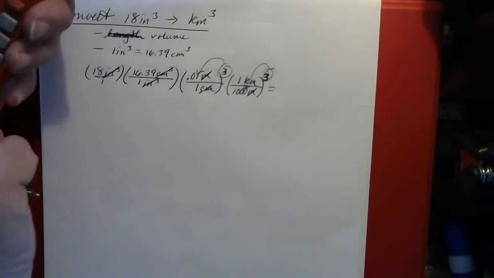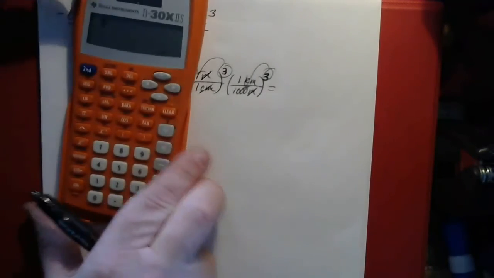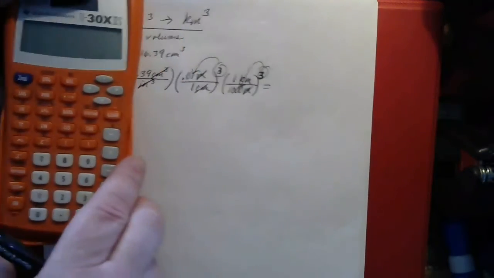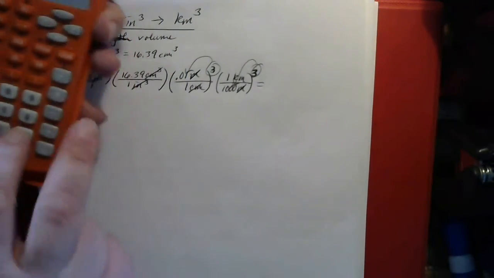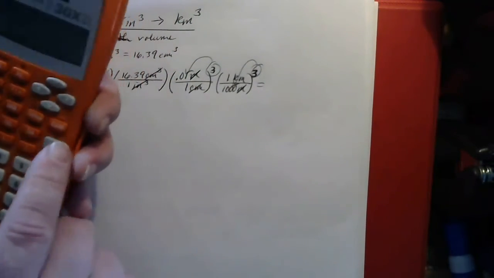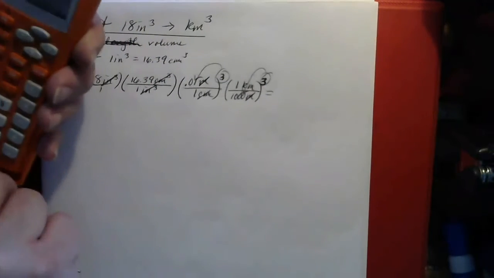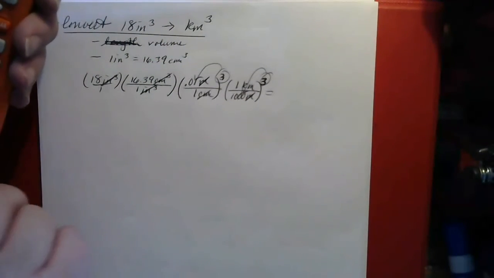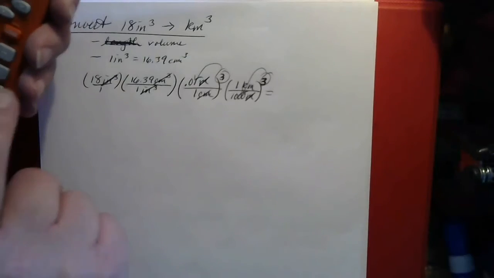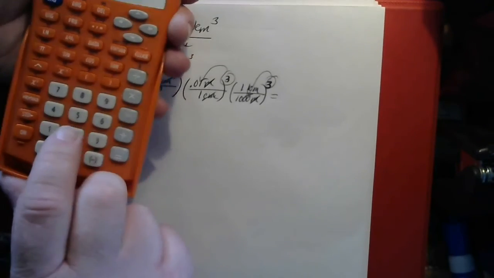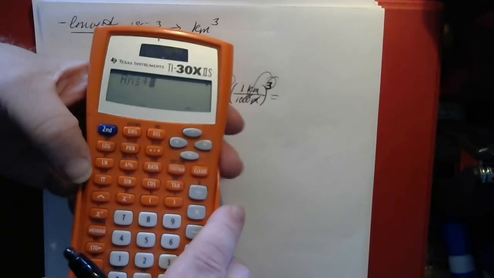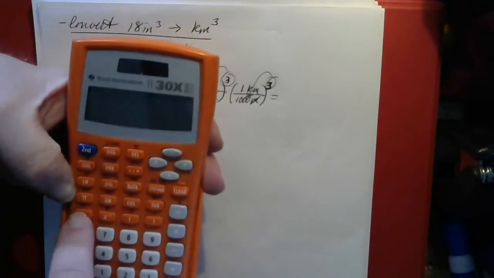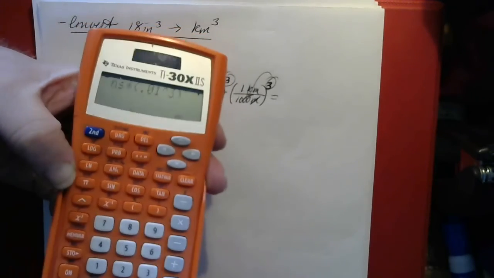On the calculator, let's see if I can get an angle where you can actually see it. I would take 18 times 16.39, times, no, you can't see it, can you? Parentheses 0.01 raised to the third power, close parentheses.